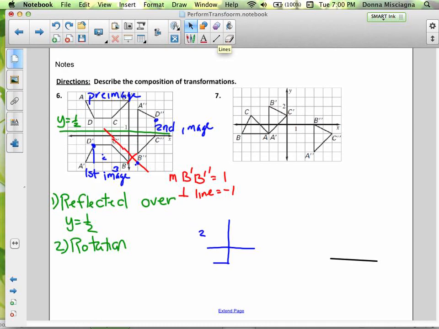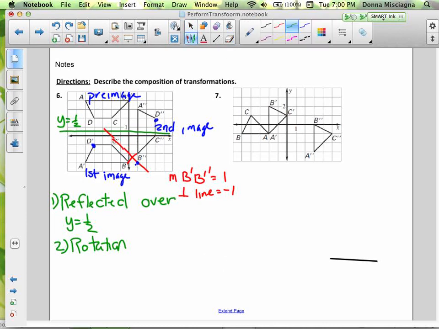So now let's finish writing this. It's going to be a rotation, and it's 90 degrees. Right, and so now which way are we going? Notice that we're going, I'll use green again, this direction.